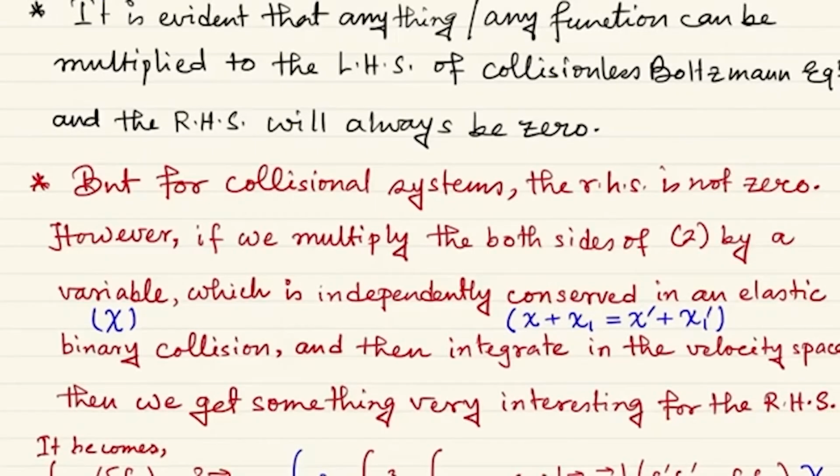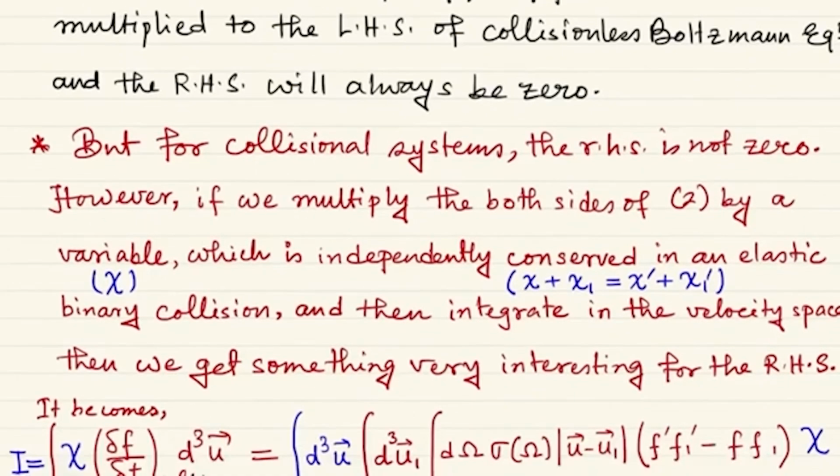The challenge is whether we can do something to get rid of the collision integral. Once we know that, we can try to incorporate this for any arbitrary interaction as well, always searching for variables which are conserved in those interactions. Whether this is always equally easy or not is a question.